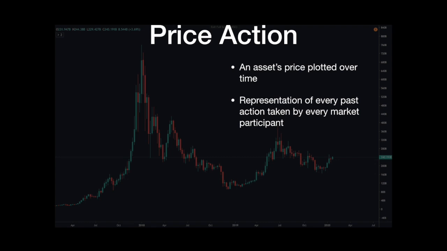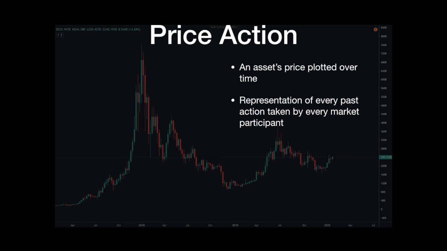At the end of the day, these charts are nothing more than data that's plotted over time, and that data is a representation of every single past action ever taken by every single market participant. In other words, a price chart represents the supply and demand of a certain asset over time.